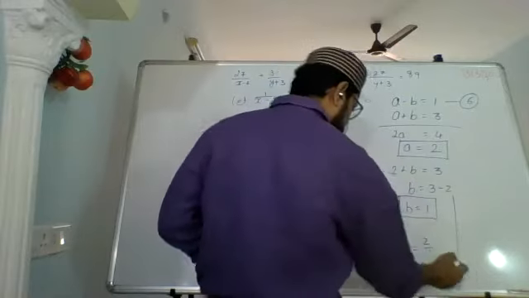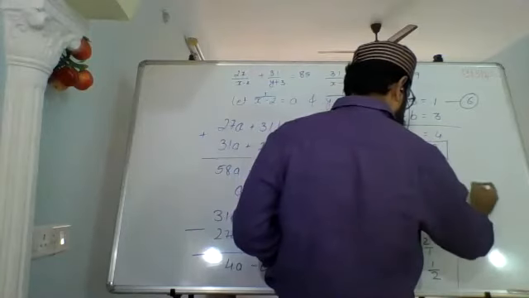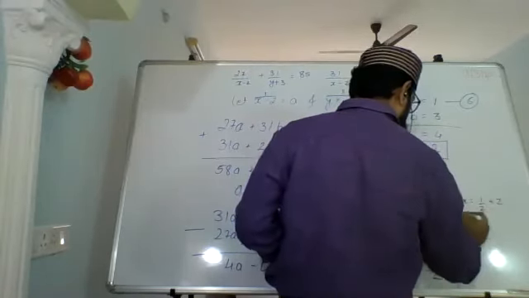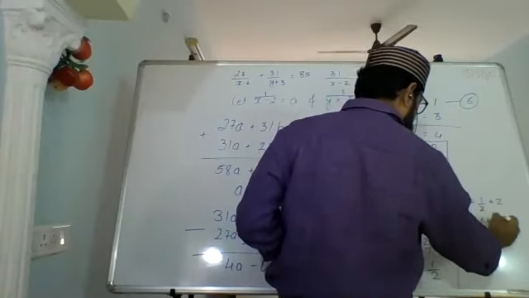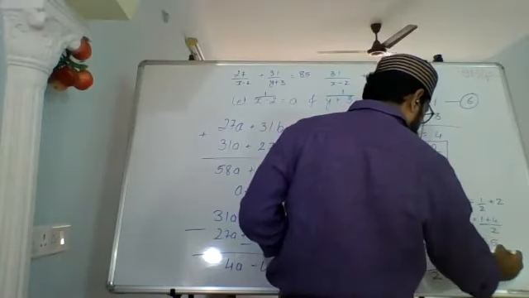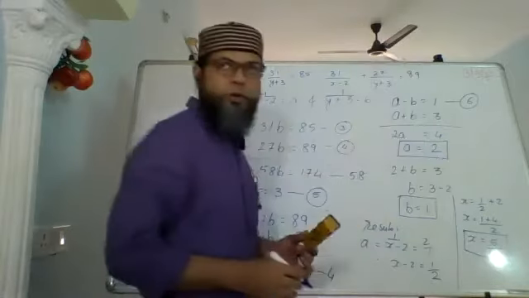Shift to that side. x equals to 1 upon 2 plus 2. x equals to 1 plus 4 upon 2. x equals to 5 upon 2.